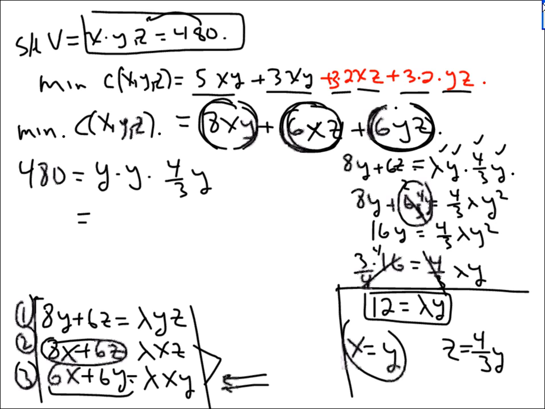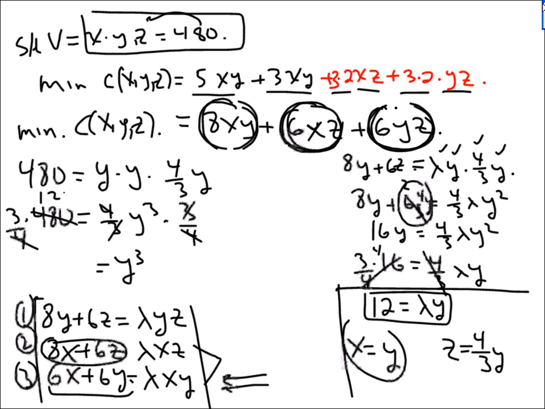That is, you get 4/3 y cubed. This is 480. I'm going to multiply both sides by 3/4. The 4's cancel, the 3's cancel. The right side is y cubed. The left side, 4 goes into 480 120 times. Times 3 is 360. So now we are ready to say that y is the cube root of 360.